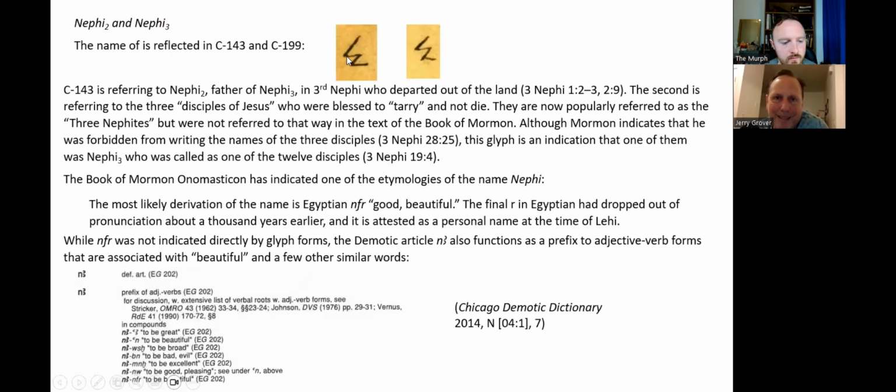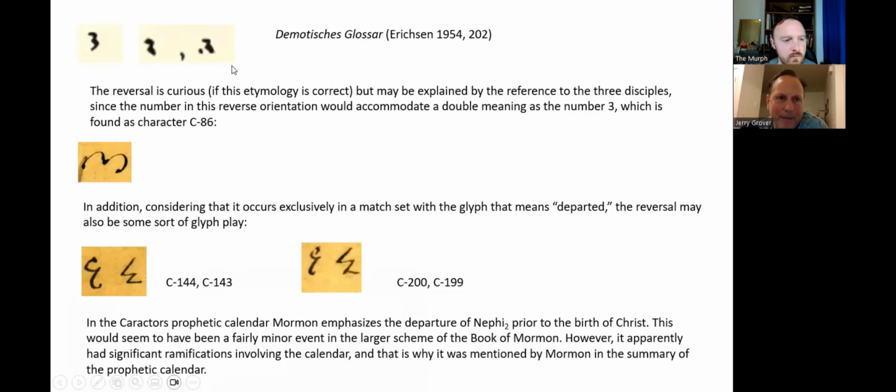So it's a reverse match. I also point out one reason why it probably got flipped is because it has this departed glyph next to it, so it forms kind of a parallel word, a glyph form. Sometimes they're doing things with the glyphs to make them look different.